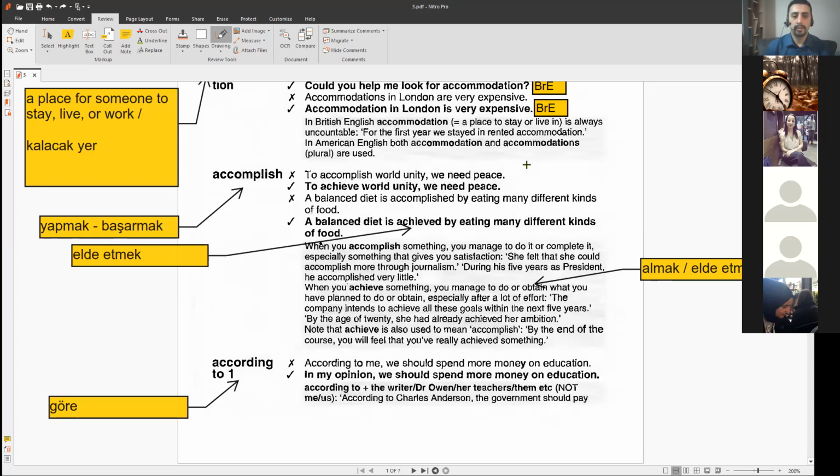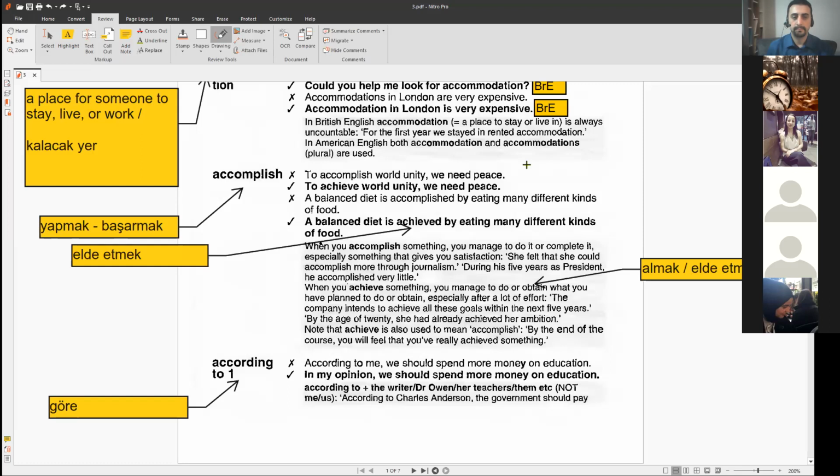Should I continue? Yes, I will ask you to read the next two also. To accomplish world unity. Unity means come together, become united. We need peace. To achieve world unity, we need peace. Read the second couple, Enisa, also.